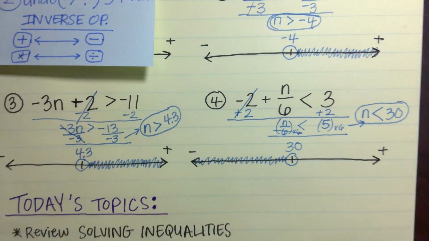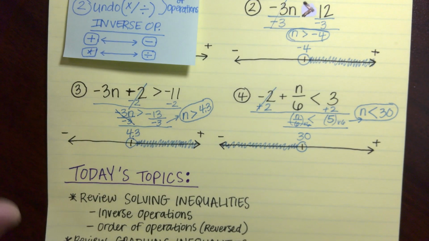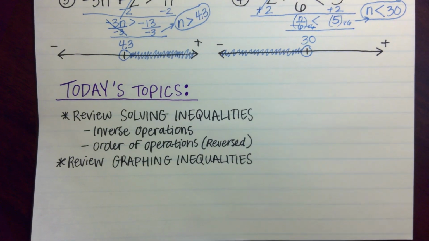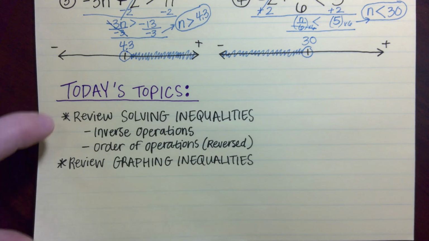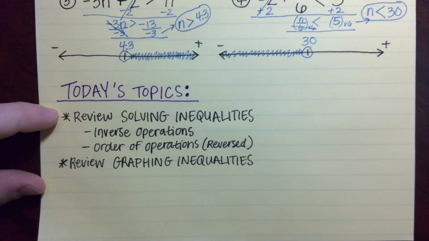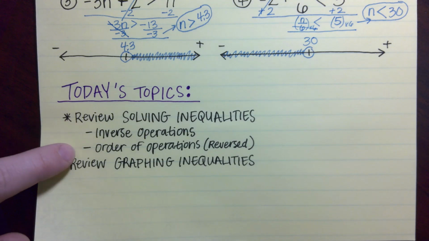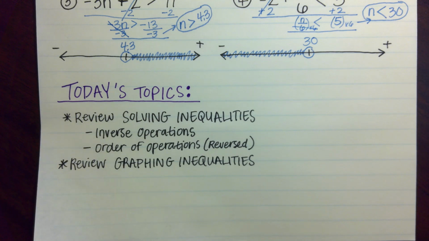Good, good, good. Okay, let's talk about what we're going to do today. We're going to start with quite a bit of review, just to make sure everybody really feels solid on this. We're going to review solving inequalities in general, like what we just did. That includes our inverse operations, our order of operations that we do backwards when we solve. We'll review graphing inequalities, making sure that we understand all the things that are required in your graph.